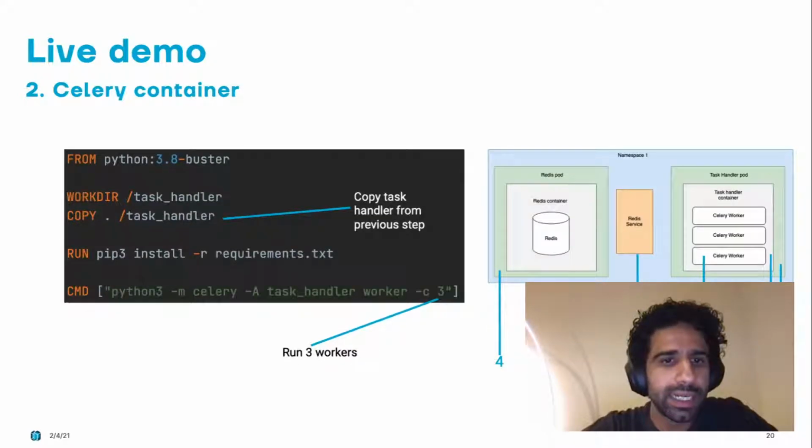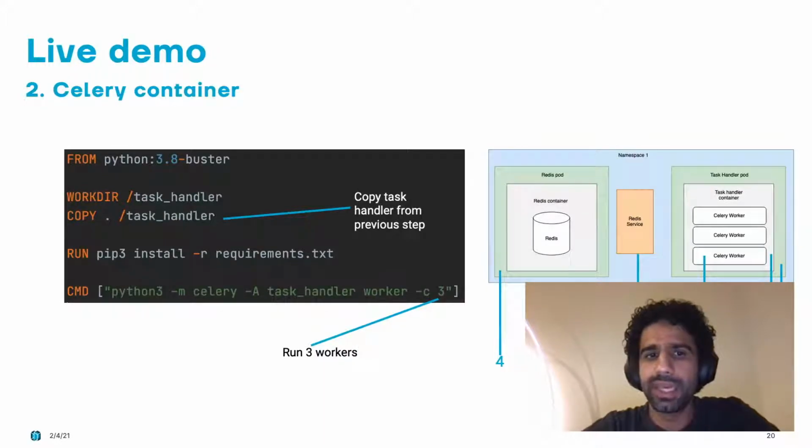So basically what this is telling it is to start the Python module Celery, and task_handler is the file name which contains the code for the Celery worker. And I give it the flag worker -c 3. C is concurrency, 3 is the number of workers. So in the image to the right, you will see that there are 3 Celery workers running inside the container. That's how you do it. You can increase the number as well.